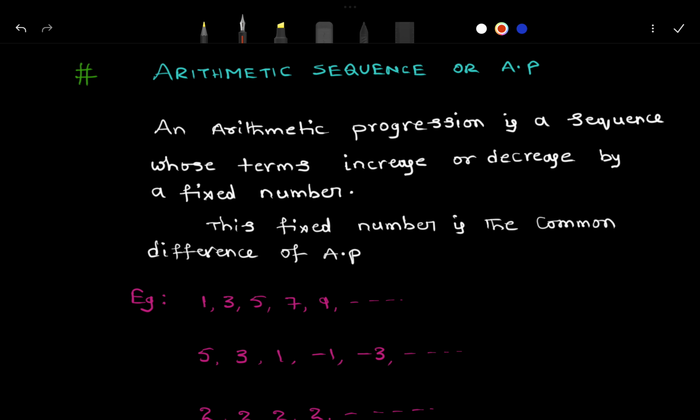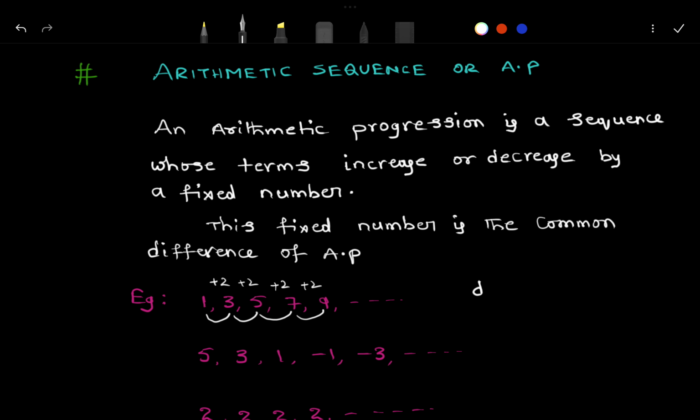Observe this one: the difference between these two is plus 2, and between these two is also plus 2, and here also plus 2.